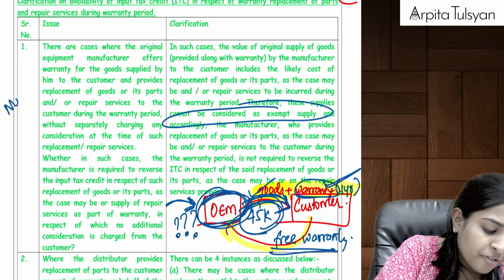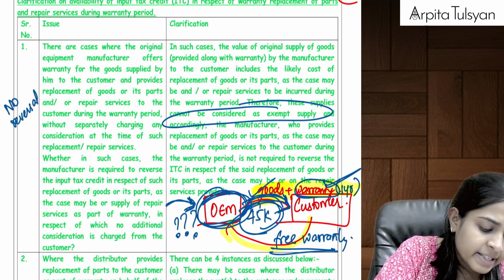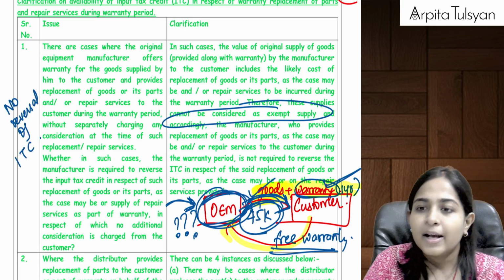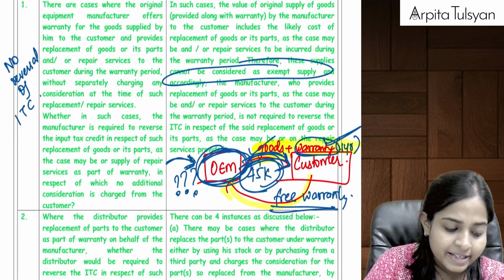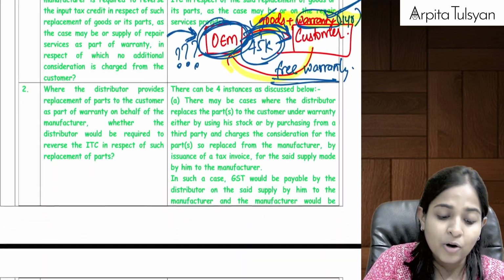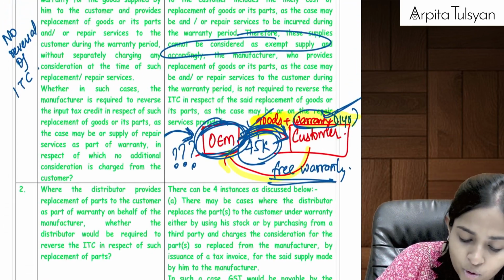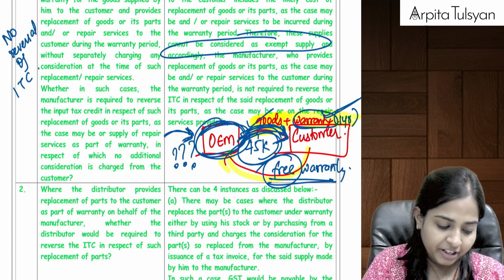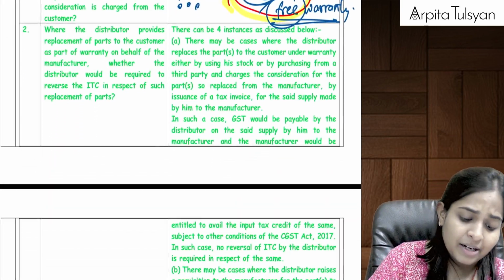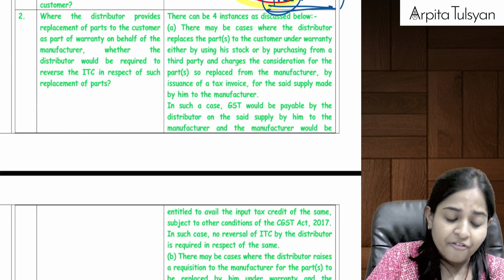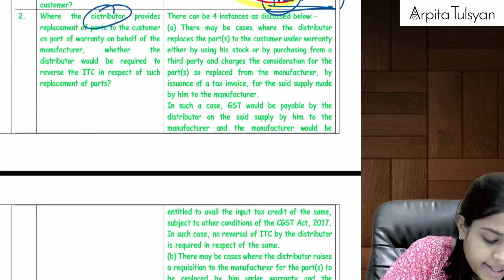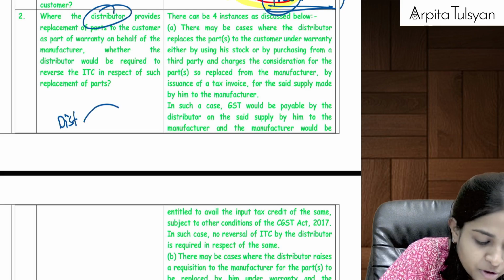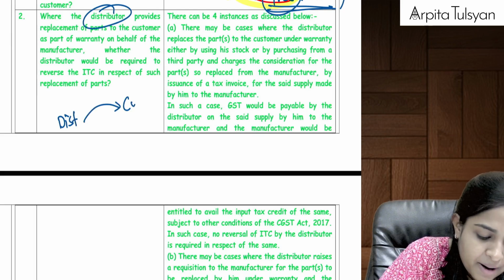So no reversal of ITC is required, because the supply which is done by the OEM to the customer, even if it looks free, is not actually free.